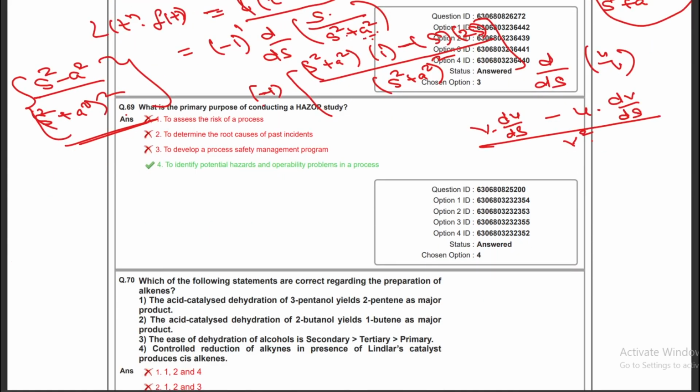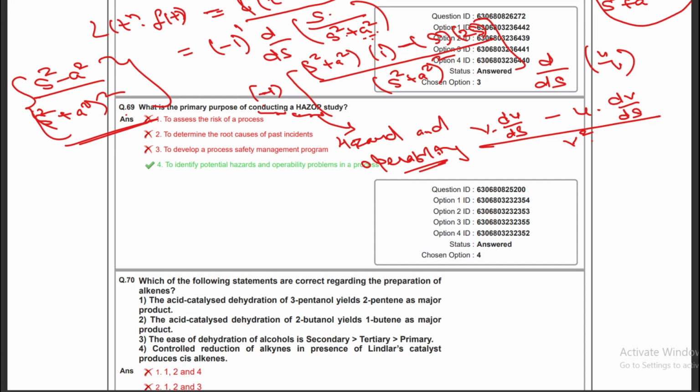Now in 69th, what is the primary purpose of conducting a HAZOP study? Okay, at first, HAZOP, its full form is hazard and operability. Clear? So what is the primary purpose of conducting a HAZOP study?